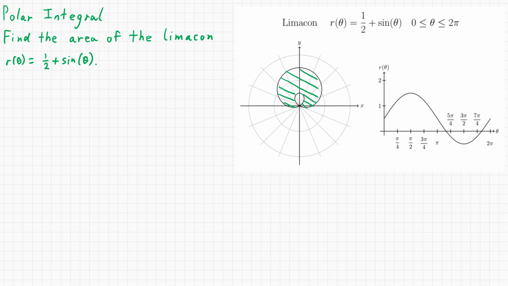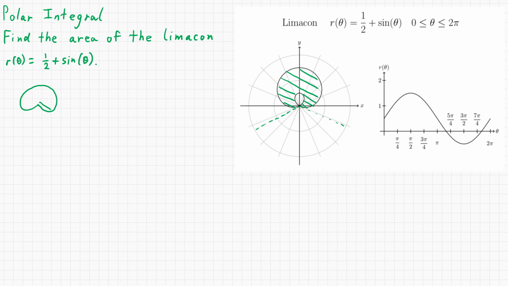All right. So the idea is we're going to make two integrals to be safe. So one integral is going to be from this angle to this angle right there. And so we go from here over to there. We're going to end up with this shape, which is the limacon.